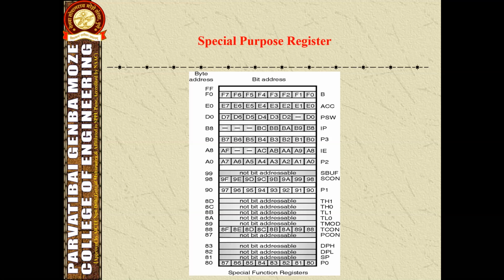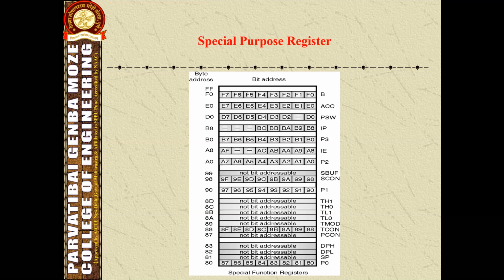If we try to use one of these unused locations, we may get unpredictable results. When reading from such an unused location, random data will be given. When writing data to such an unused location, the data will be lost or not stored anywhere.